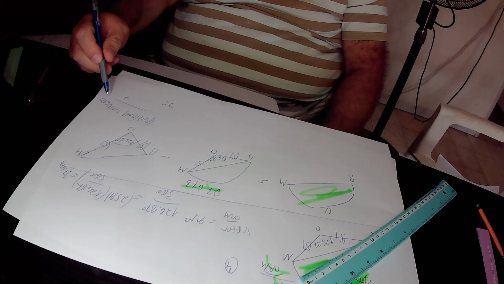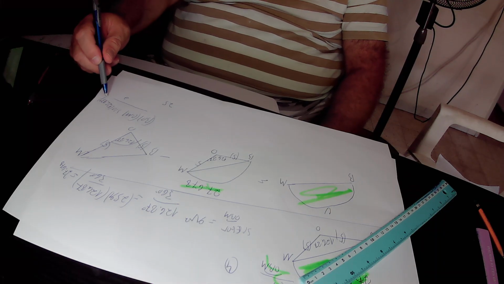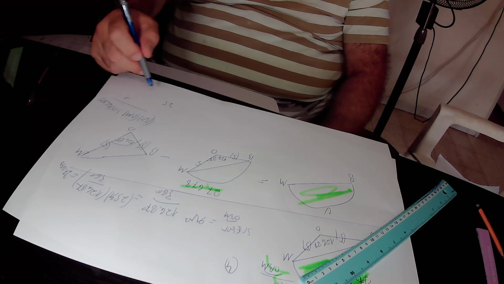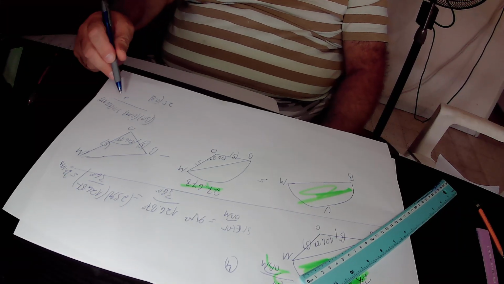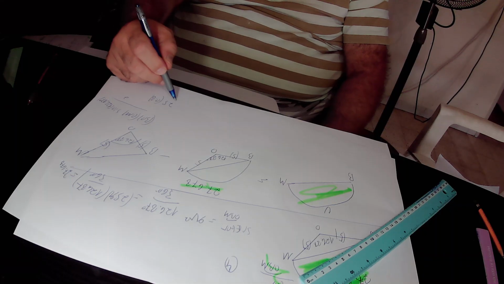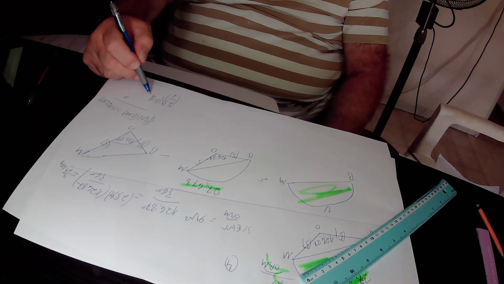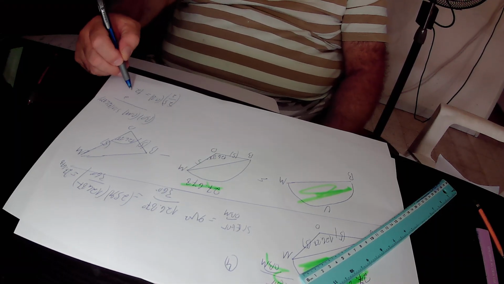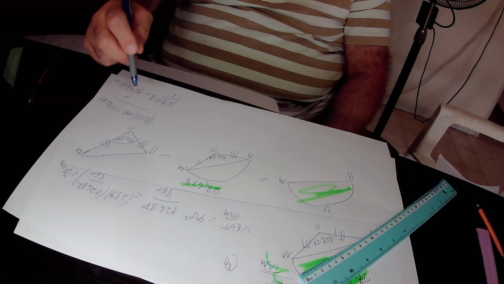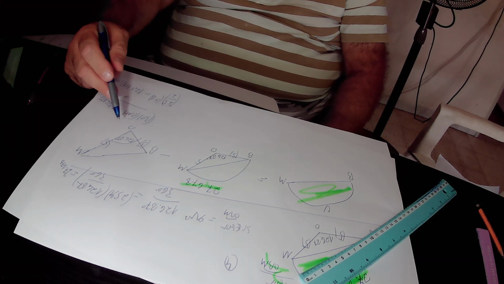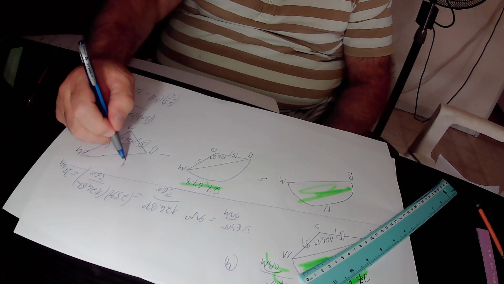Sine of 126.87 over 2 is 0.8. And we have to divide it by 2. 25 over 2 is 12.5, and 12.5 times 0.8 is 10. So in total the area of this triangle BOM is equal to 10 square meters in its size.